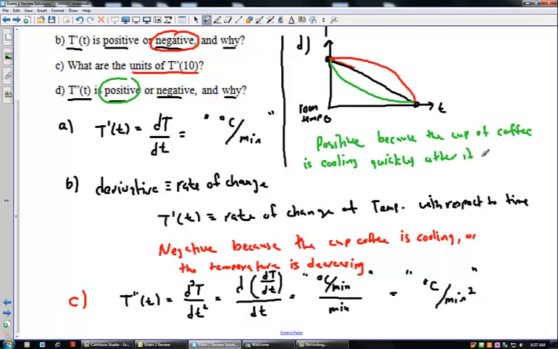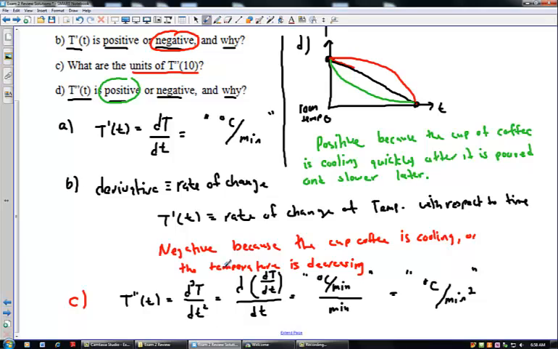And slower later, let's say. So that's how I might explain. Hey, in the beginning, my temperature is going down quickly, but then it sort of levels off and heads towards room temperature.